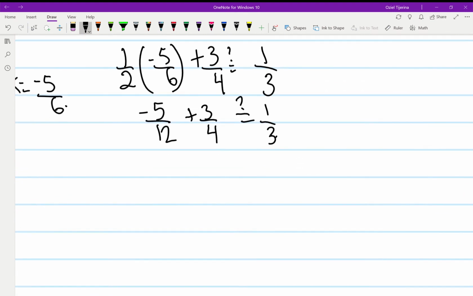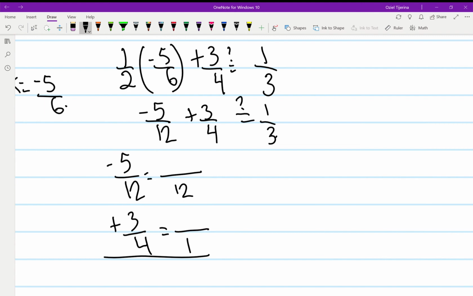So if you have negative 5 over 12 plus 3 over 4, you get your common denominator. Between these two, the least common multiple is going to be 12, or I forgot if it's the greatest common factor or the least common multiple.